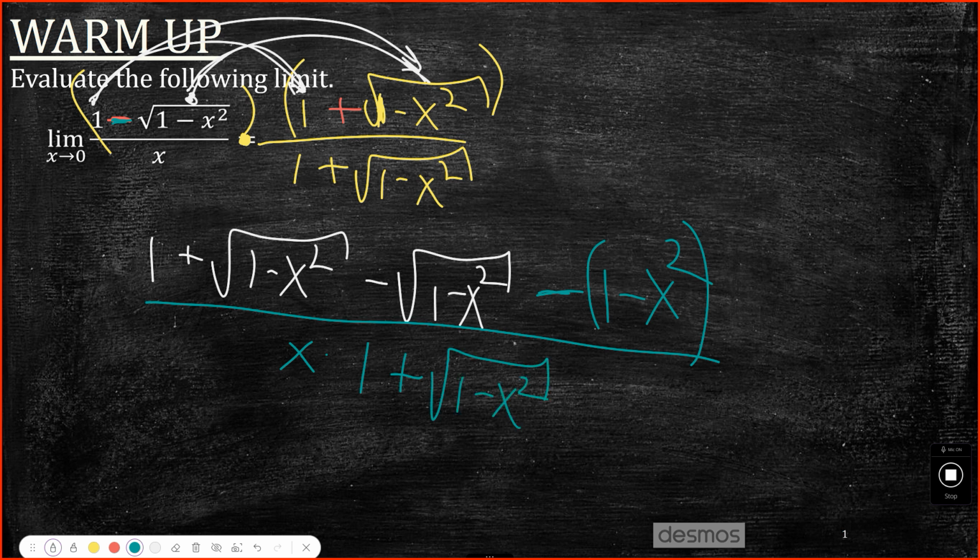You should put parentheses around it, because you're multiplying x times this thing. And it happens that the middle cancels out for conjugates, because you've got plus this and minus the same thing. This cancels out.